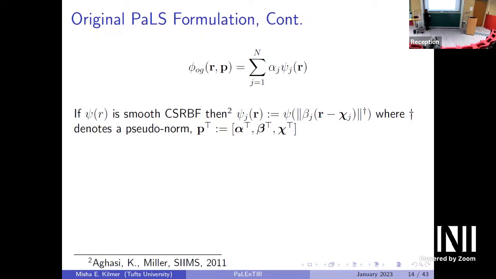R, again, is the space variable, the chi sub j is the center location of the j basis function. The beta j acts like a dilation parameter. And this is a pseudonorm. As soon as someone says pseudonorm, there's like a fudge factor, basically. And the fudge factor in there is to make everything so that I can differentiate and do the optimization problem.